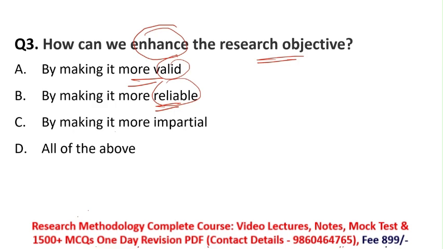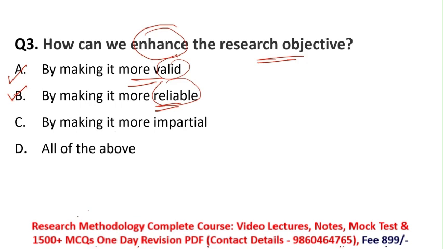Validity measures if the results of a given study are accurate, a true value, true for different kinds of people and relevant to the real world. It should be true and it should be real. So yes, by making it more valid and more reliable, you can enhance your research objective.